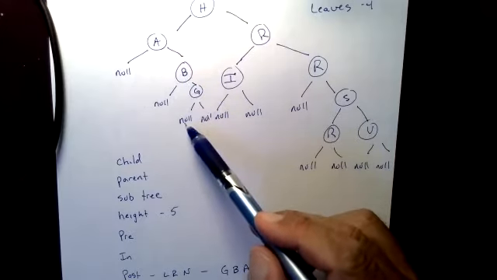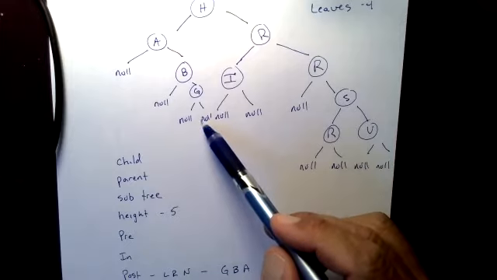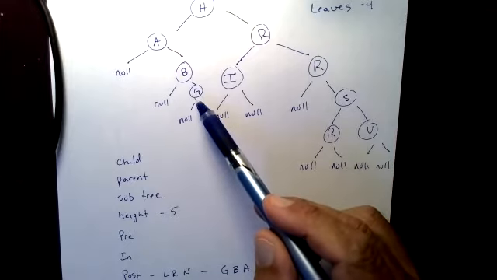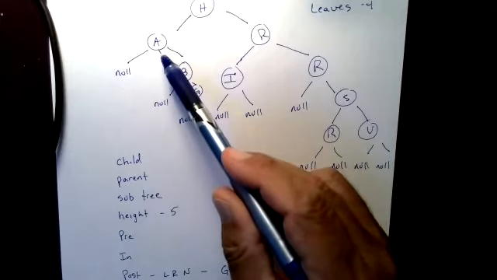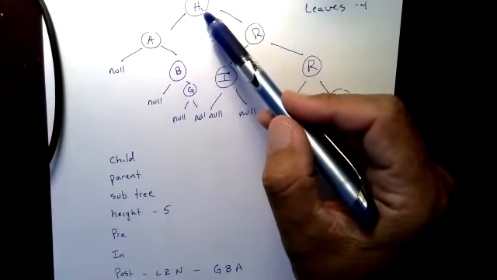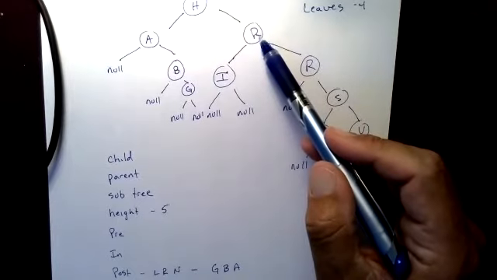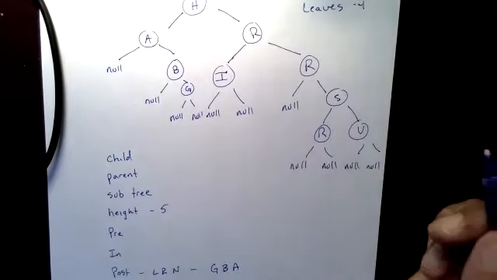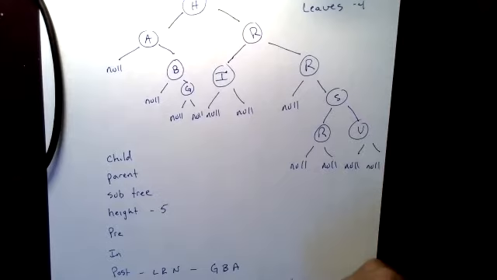Try to go right, try to go left, I can't. Go right, I can't. So I go back to node. Then I go back to node, I go back to node. All right, so now I'm back up here. I took care of the left. Now I need to take care of its right. I come to here. What do we got after that? I. Yep.